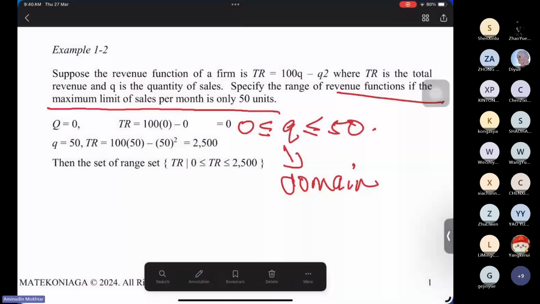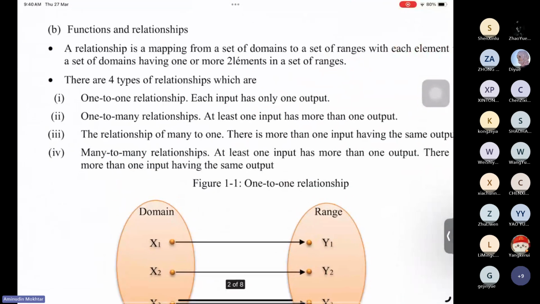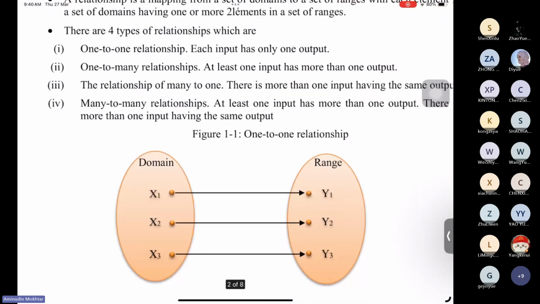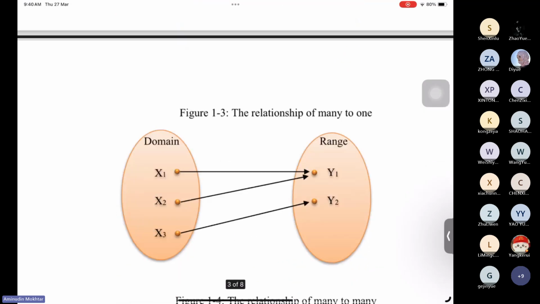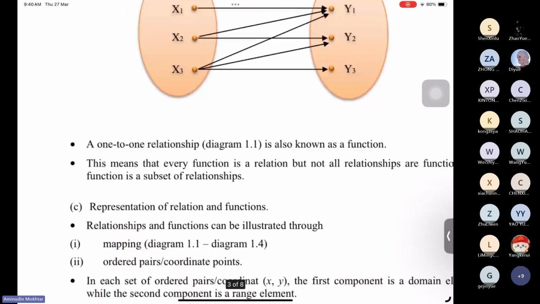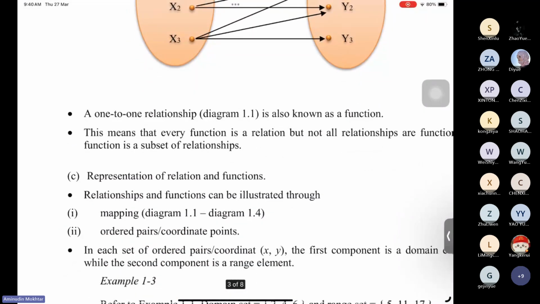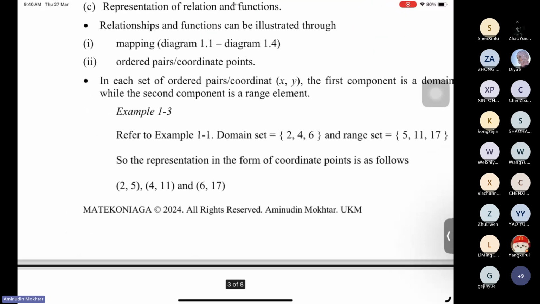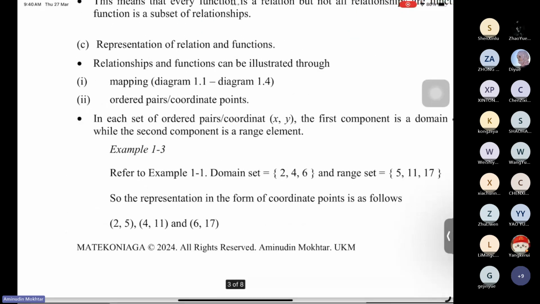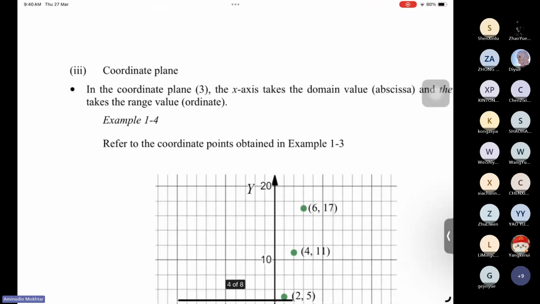Okay, where is my note? Okay, the other part, function and relationship, I will leave it to you. I hope you can read it by yourself, and if you have any question, you can ask me. Okay, I will continue with how to represent this function. There are a few terms here.